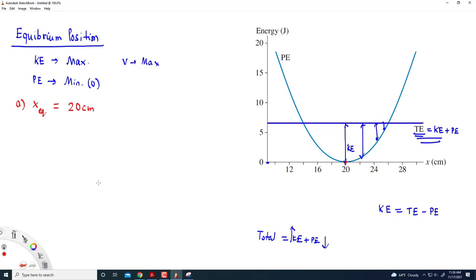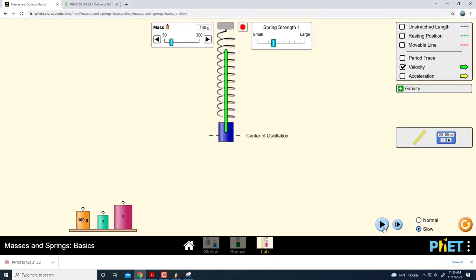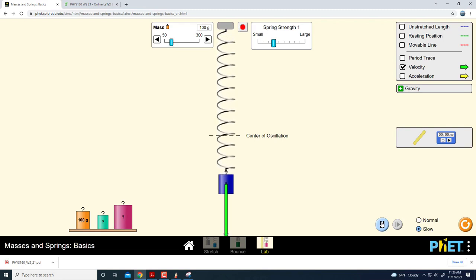Part B, what are the turning points of the motion? So what happens at the turning points? Let's look at this simulation again. That's the turning point. It stops there and then it comes back. That's the turning point, and that's the turning point. So look at what happens to the potential energy and kinetic energy at those turning points.